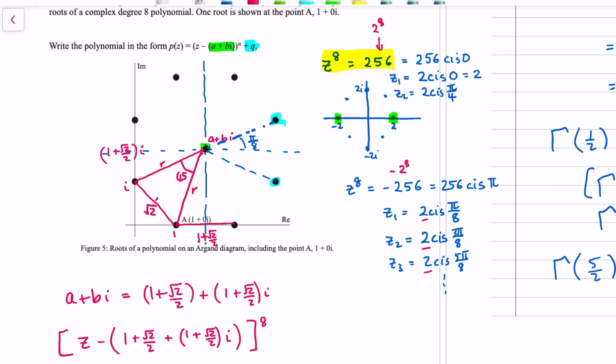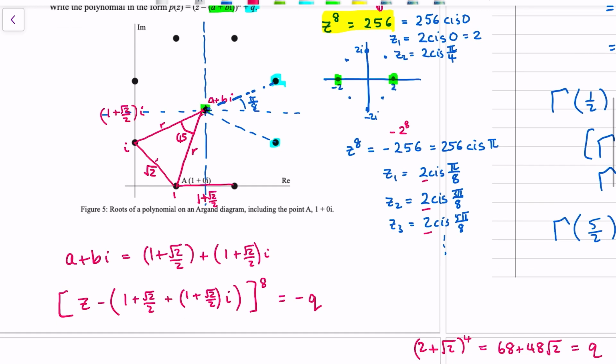And apparently that's going to equal negative Q if I sub in any of the roots, because that would make P of z equals 0. So subbing in one of the roots, like z equals 1, and just get the calculator to do the donkey work. I know it's dodgy, but at least you can check your answer. So I'm subbing in z equals 1.